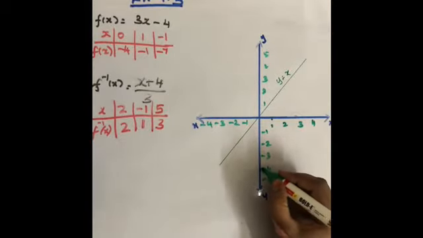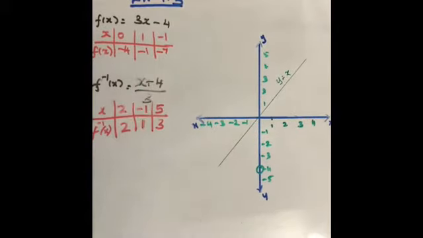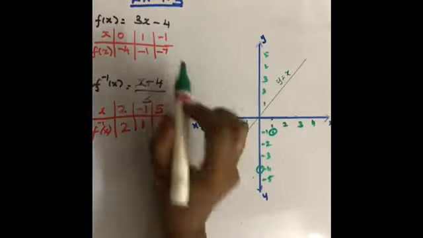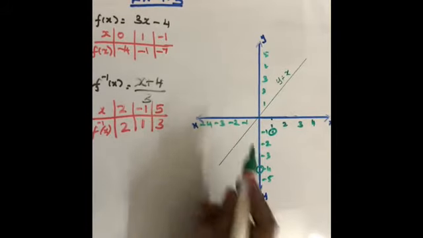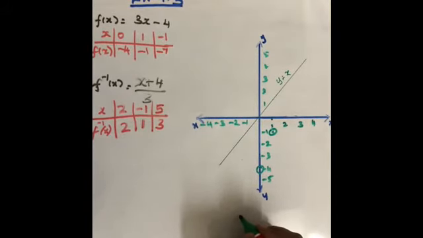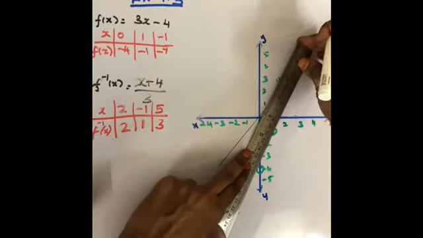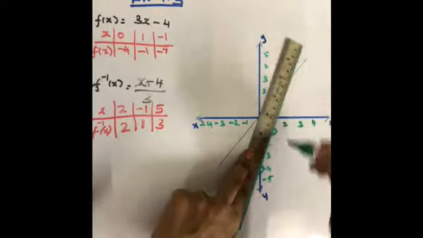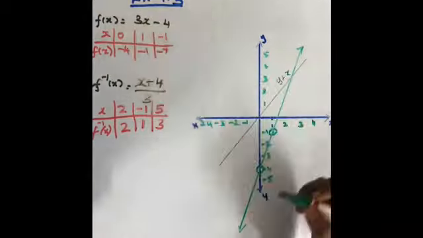So, one point will come here. x is 1 and y is minus 1, that is f of x also minus 1, 1 comma minus 1, this one, and then minus 1 comma minus 7. So, minus 1 and minus 7, it will come here. Okay. So, if I draw a line, it will go like this. This is f of x.